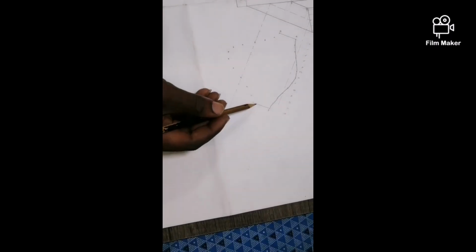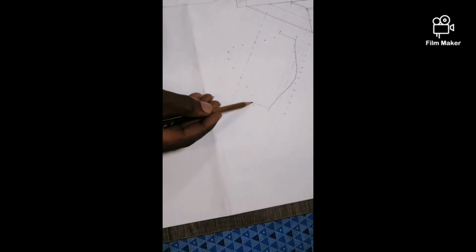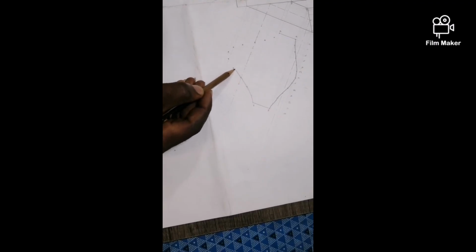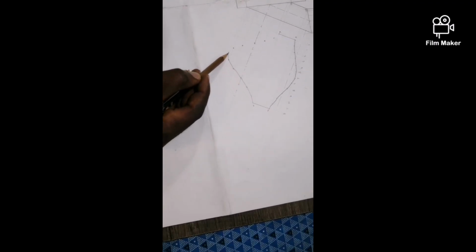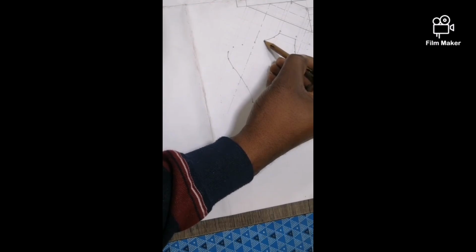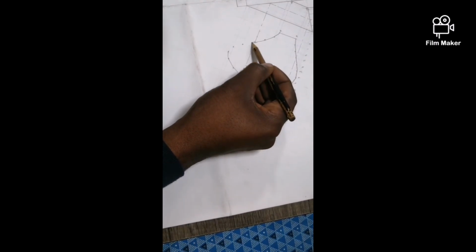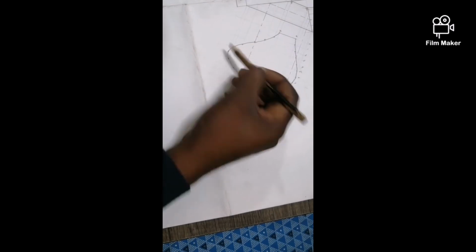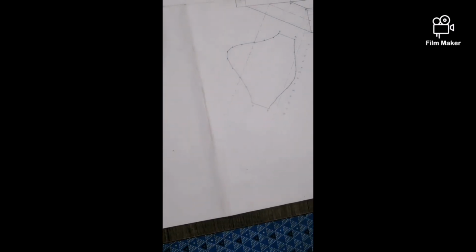So now we can have our development using your flexi curve or freehand. You can get your development like this. There you go. So that's how you get the development of this one. So now let's see the shape of the home.